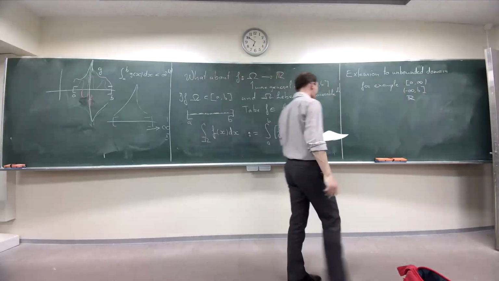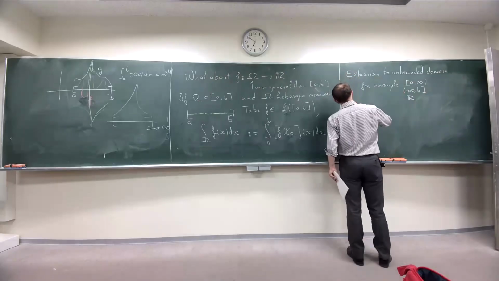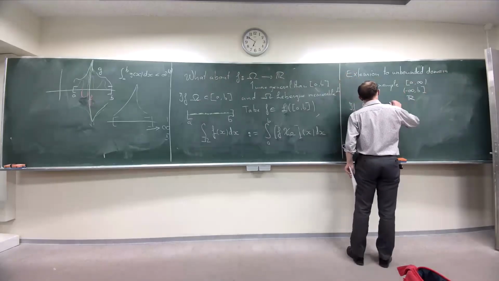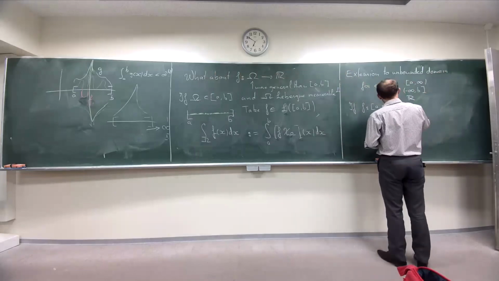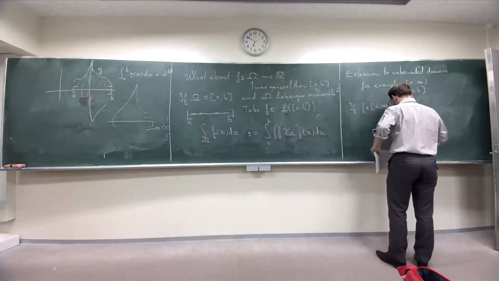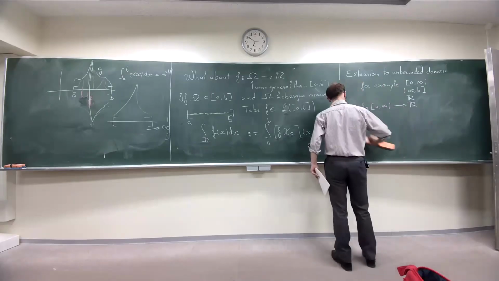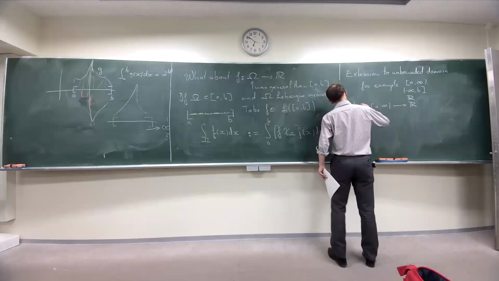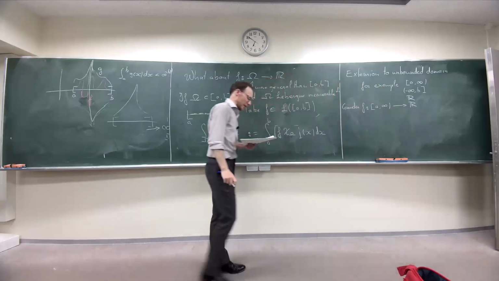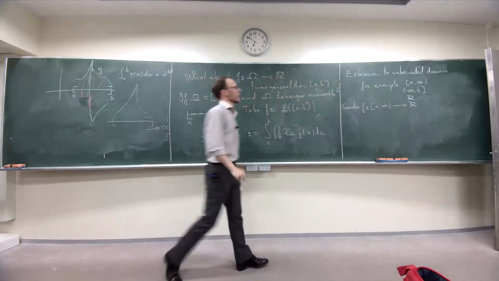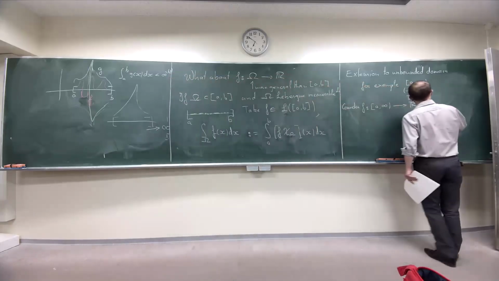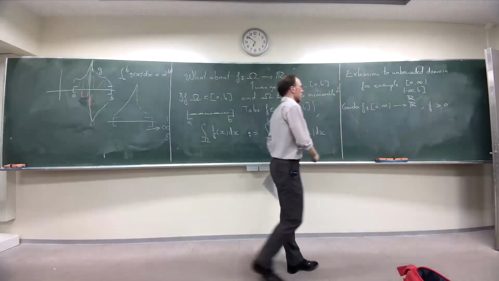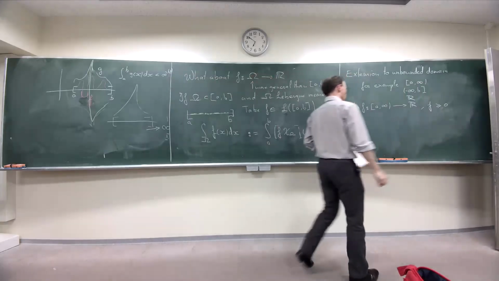So let's start with the first. Consider f from A to infinity, and let's assume that the function is well defined. First I will consider f positive, f bigger or equal to 0 almost everywhere.